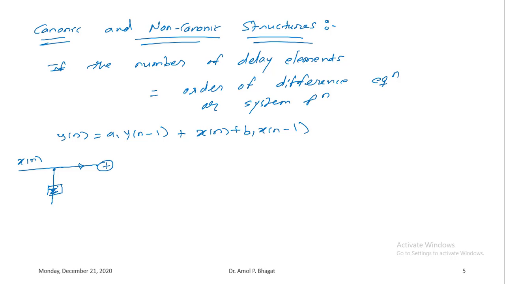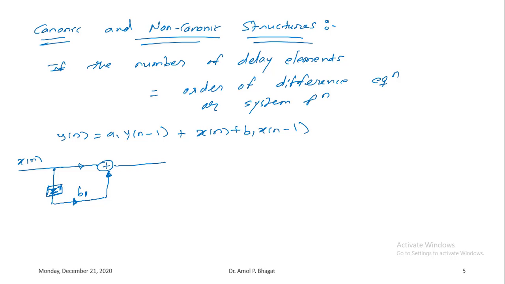Okay, so here I will be connecting z inverse. Okay, so what delay element I have used, its output will be x of n minus 1, so I am just using feed forward here, right? So this x of n minus 1 is getting multiplied with b1 and then it will be added here, right?